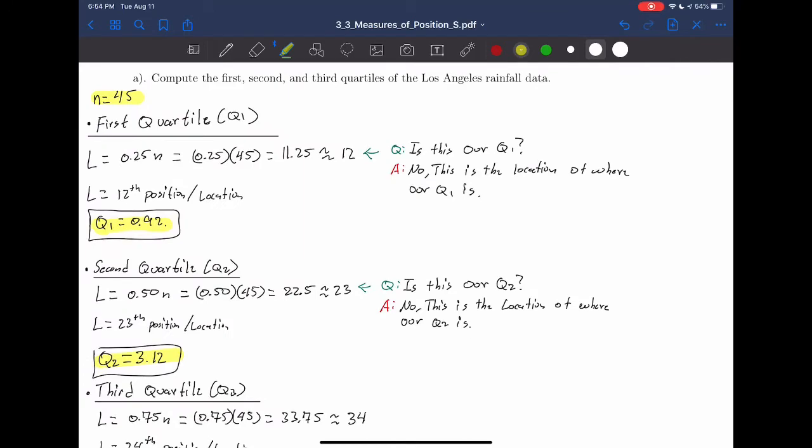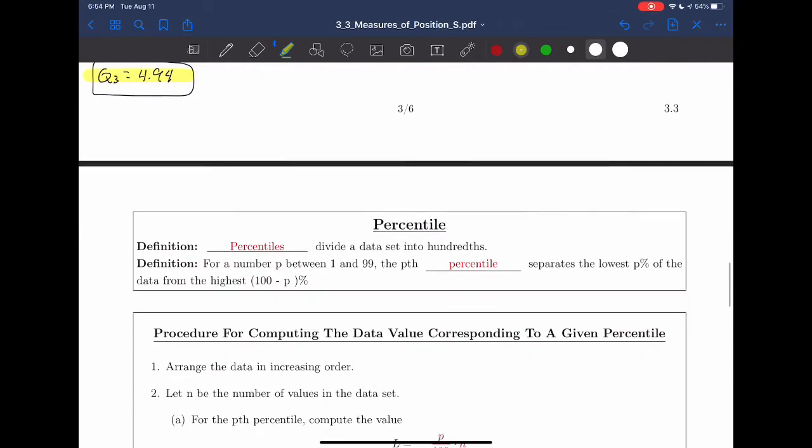So something that's related to quartile is something called percentile. So remember that quartiles divide your data set into four equal parts. Percentiles divide your data set into hundreds of equal parts. So for a number p between 1 and 99, the pth percentile separates the lowest p percent of the data from the highest 100 minus p percent.